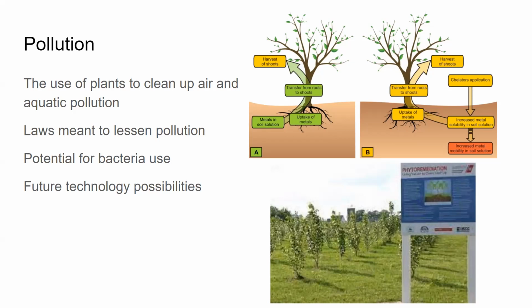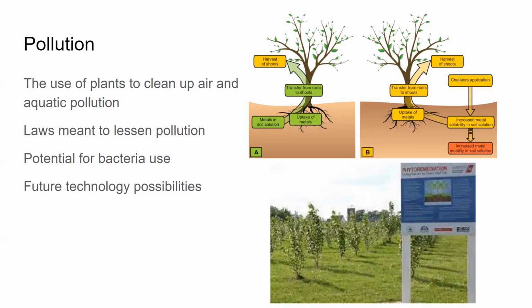There is a very interesting thing that has been done with the use of plants, which is just replanting specific types of plants in areas that have either water or soil pollution, where it's metals or toxic materials in the water or in the dirt, and they will uptake the metals or the toxic material and use it for growth.